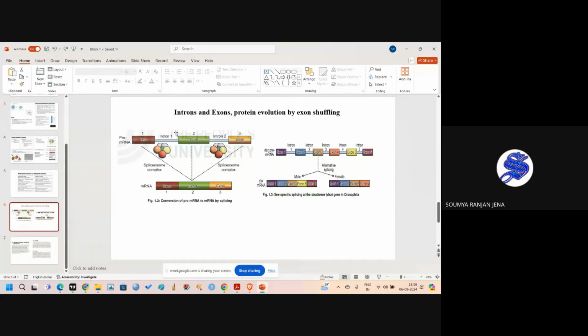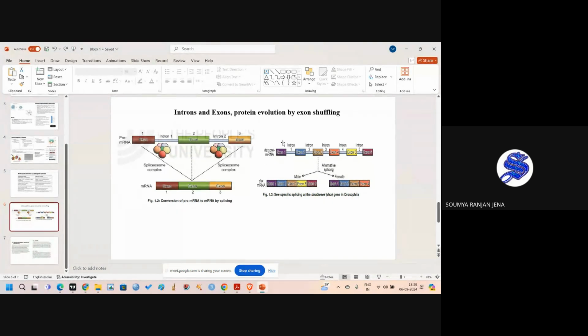These introns are removed from the pre-mRNA, and these exons are shuffled into a mature mRNA. Then how does this exon shuffling occur?